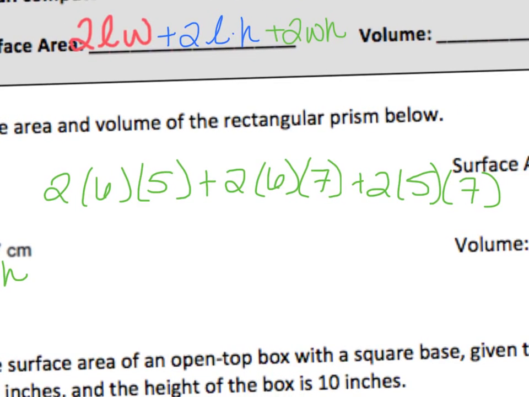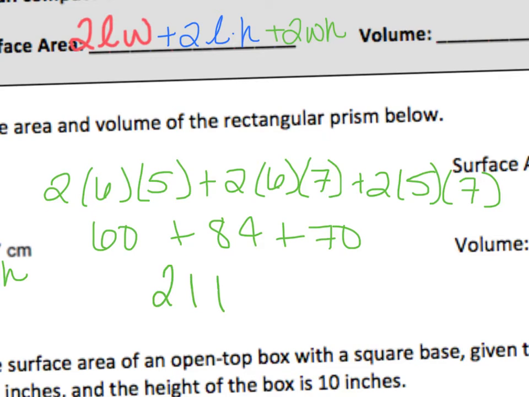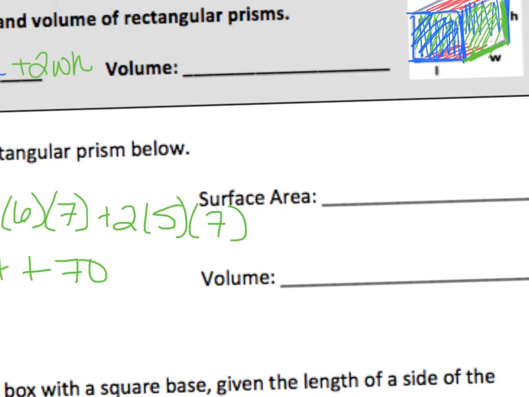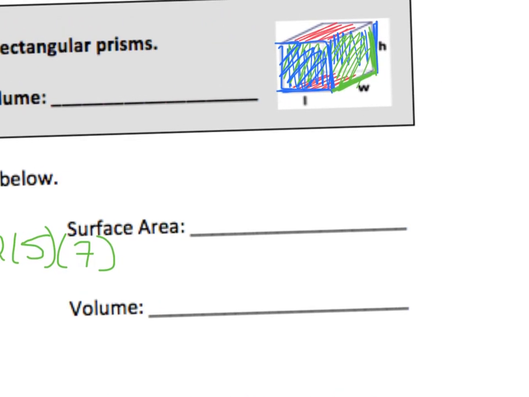So if you multiply all these out, this is going to be 60 plus 84 plus 70. And then if we add all those together, we will get 214. So our surface area is going to be 214, and the units is centimeters, and surface area is always units squared.